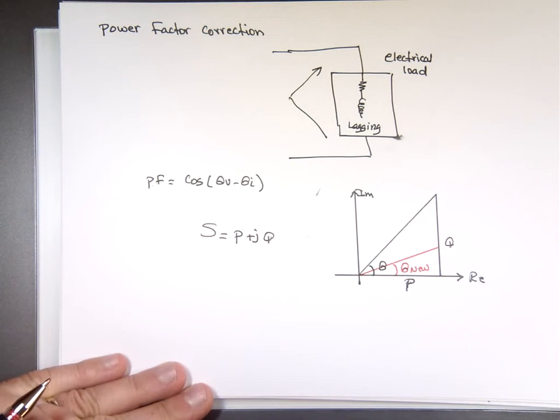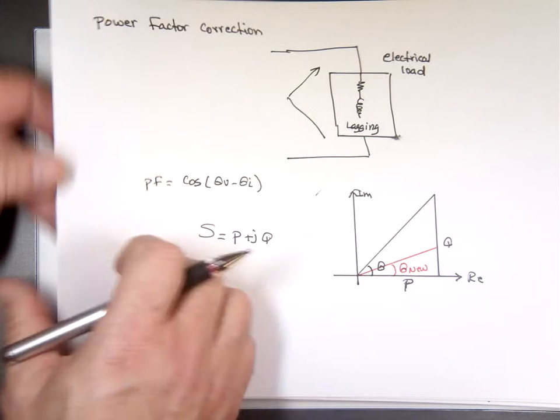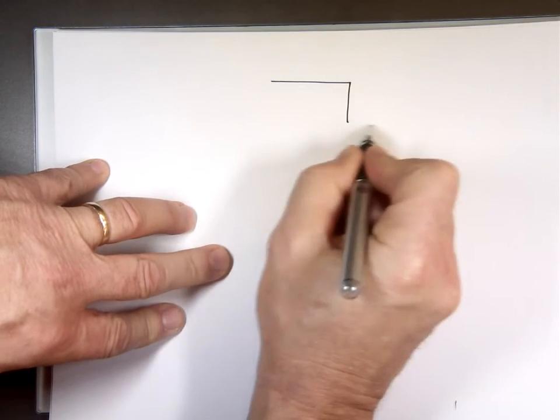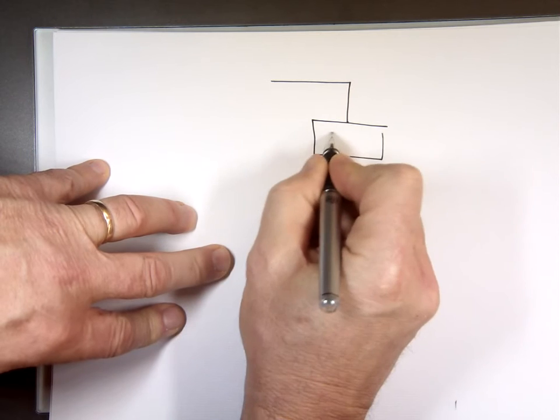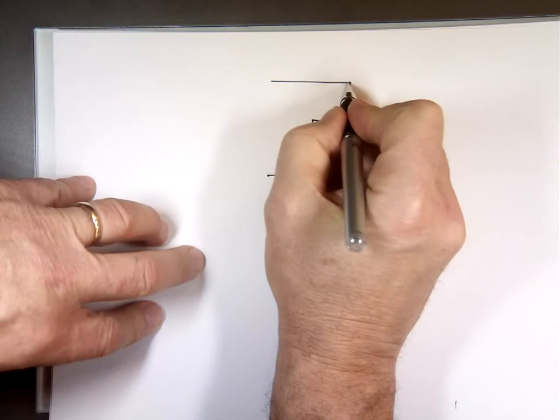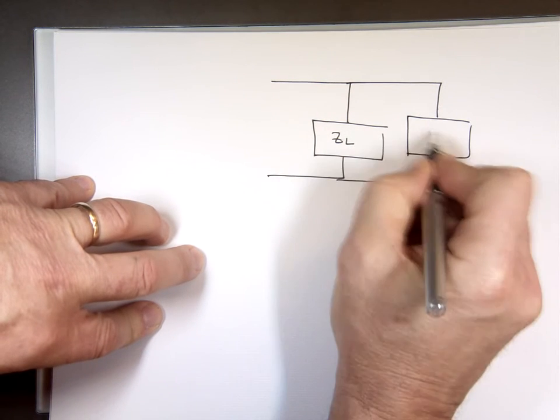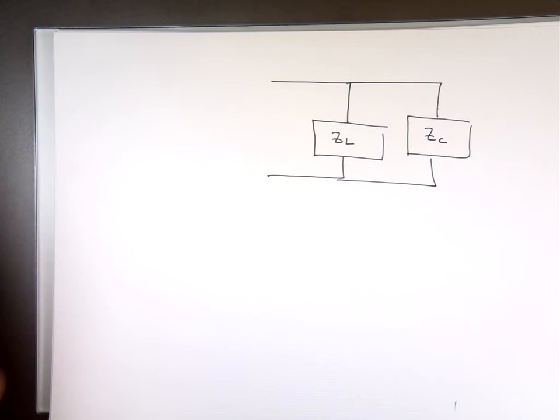You want to put it in parallel? Well, you'll see that, yes, it will be in parallel. And I'll give you the reason why. Because if I have this load here, and I put a capacitor in parallel with that, we'll call it ZC, right?